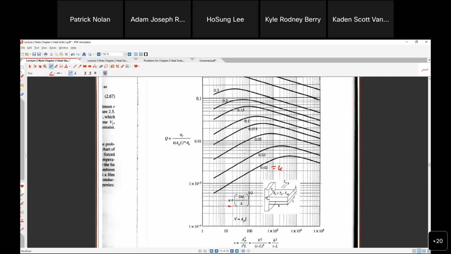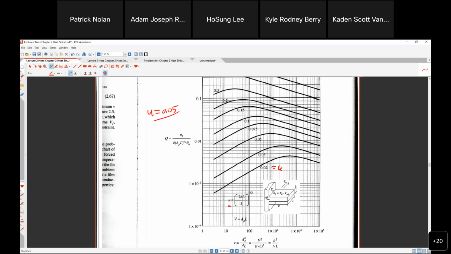Then do you think you can find the optimum? Answer is yes. So how to do it? Suppose, depending on the u, suppose u is 0.05, okay? Then volume is given. Do you think you can find the optimum? Yes. How to do it?